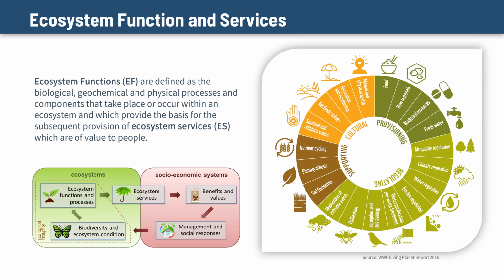Supporting functions maintain and enhance biodiversity and allow ecosystems to sustain themselves. For example, nutrient cycling, soil formation, or the provision of habitat. Finally, cultural functions provide aesthetic, spiritual, educational, and recreational opportunities and values.